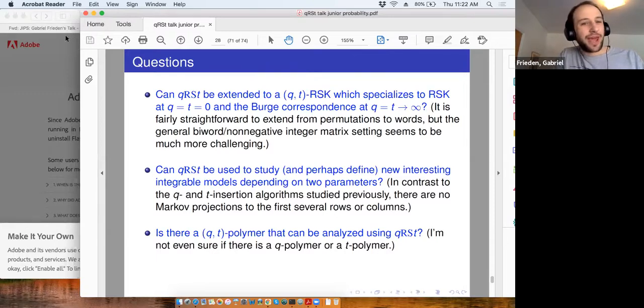Right. And actually, probably you would need to have the full RSK version, because the polymer thing doesn't really make sense. You need to have matrices for that, if I understand correctly. There's no permutation version of that.